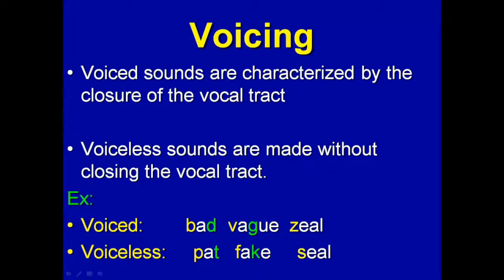Voiced sounds are characterized by the closure of the vocal tract. It's not closure, but there is a rapid movement of closing and opening by the vocal cords. This is what gives us a vibration.